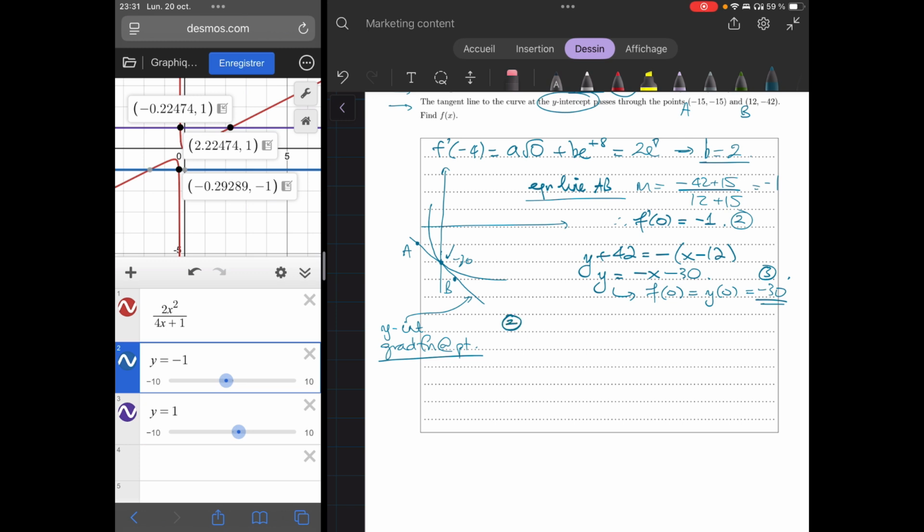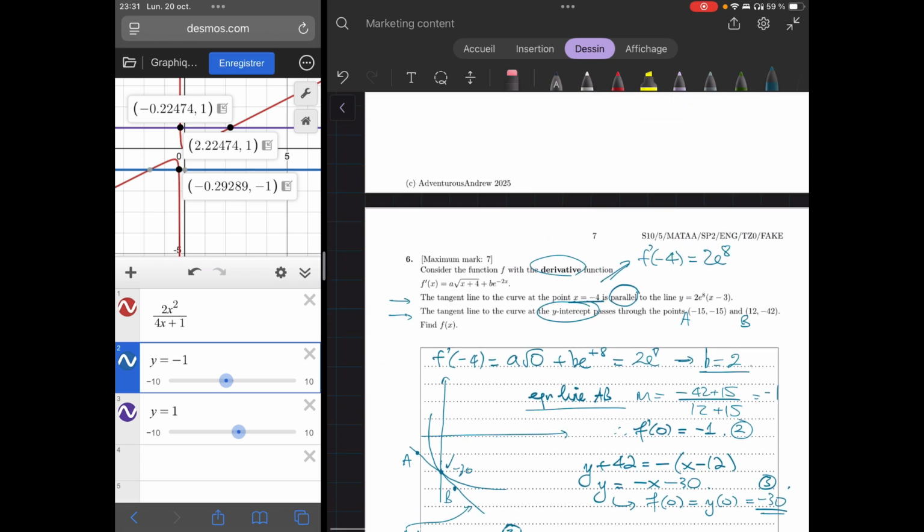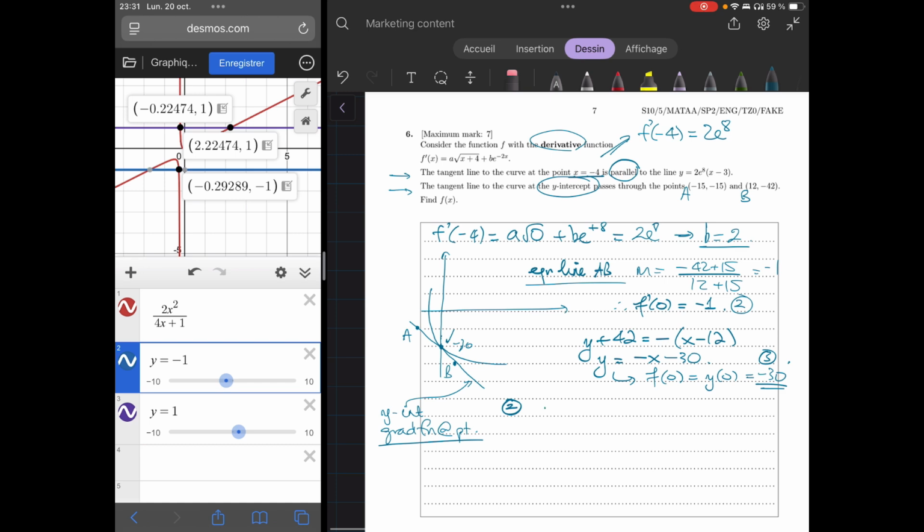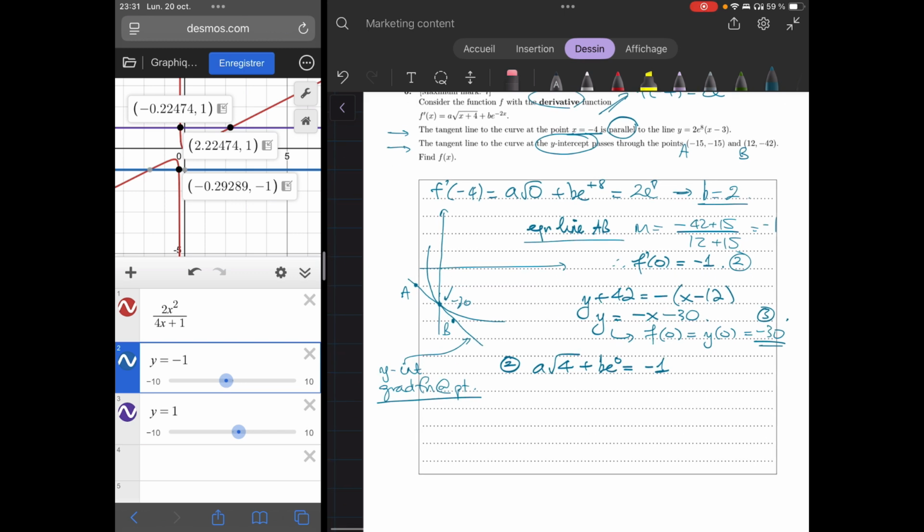Using the information that f prime at 0 is equal to -1, we can then deduce the value of A.